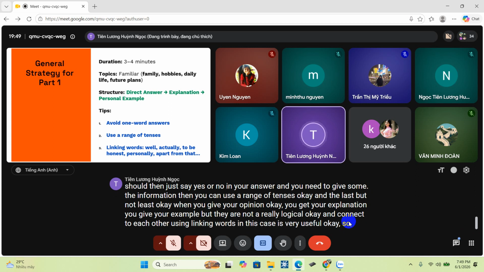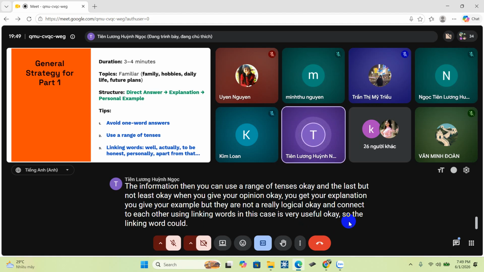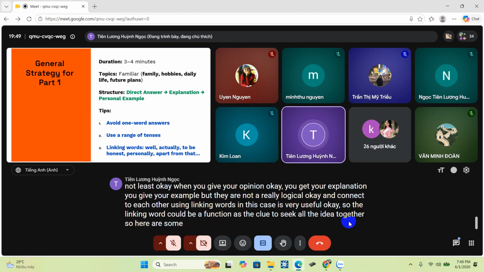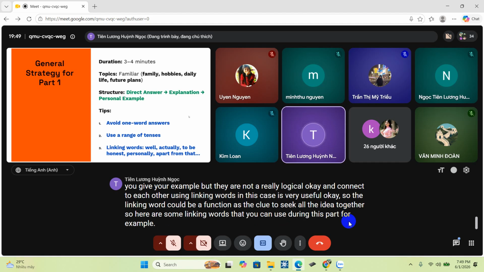The linking words function as a clue to stick all your ideas together. Here are some linking words that you can use during this part. For example, you can say well, or actually, to be honest, or personally, or apart from that.